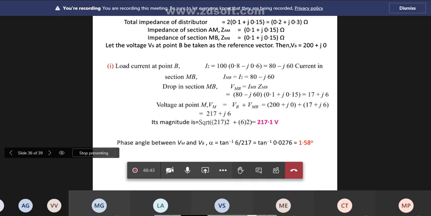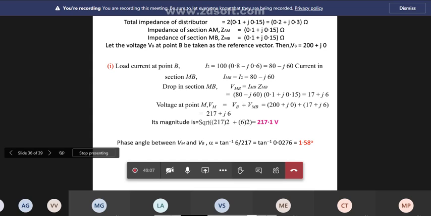Adding 200 plus j0 and 17 plus j6 gives 217 plus j6, and the magnitude is the square root of 217 squared plus 6 squared. The value is 217.1 volts. So this is the voltage at midpoint M.